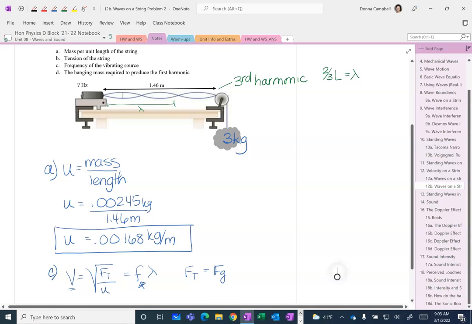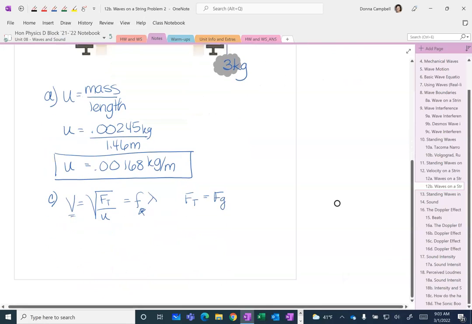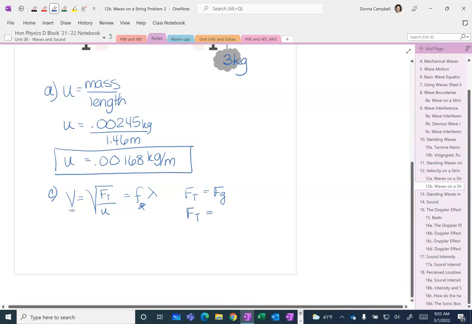And this time we do have the mass. So the force of tension is equal to mg, 3 kilograms times 9.8. We are back on Earth, and that is 29.4 newtons. So that is the force of tension.